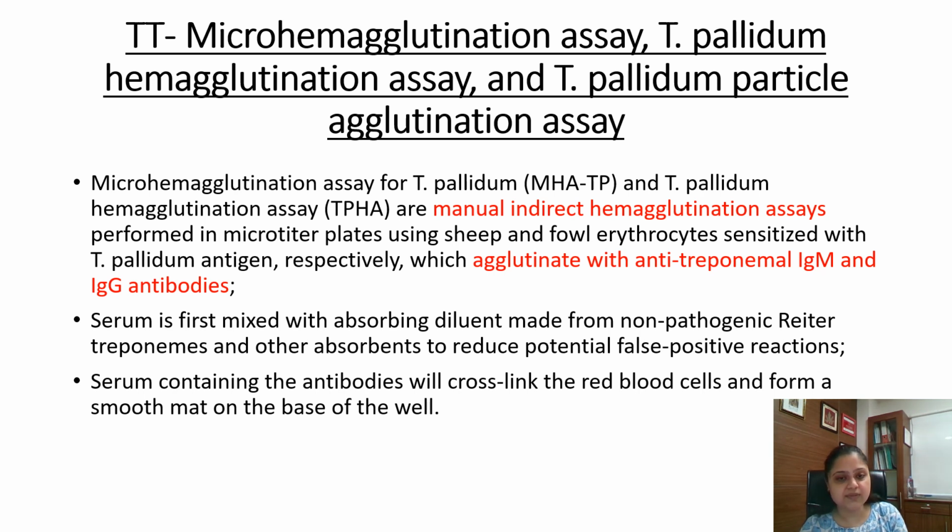Serum is first mixed with the absorbing diluent which is made from non-pathogenic species, that is the Reiter treponemes, and other absorbents so that it can reduce the potential risk of false positive reactions.